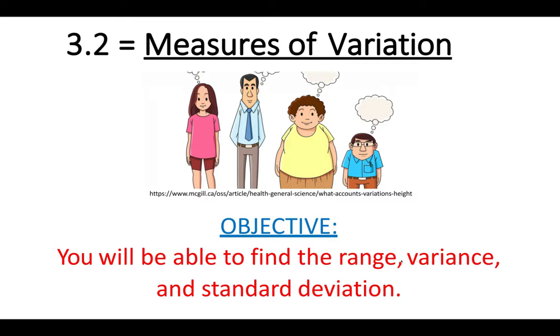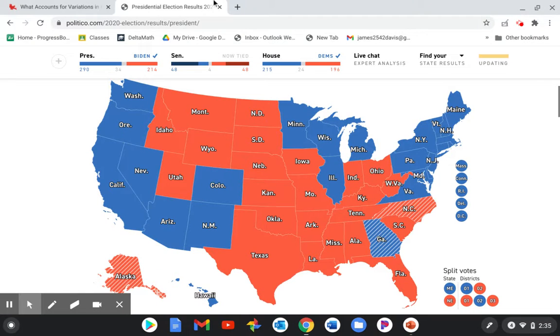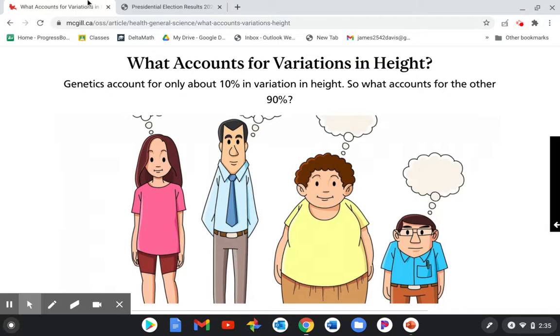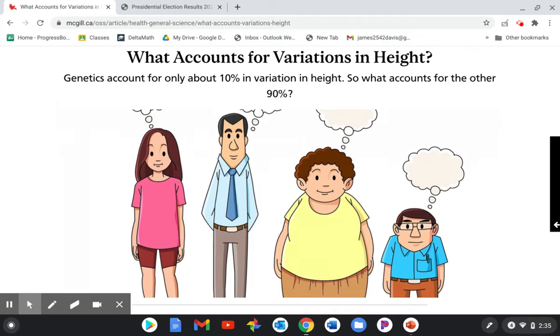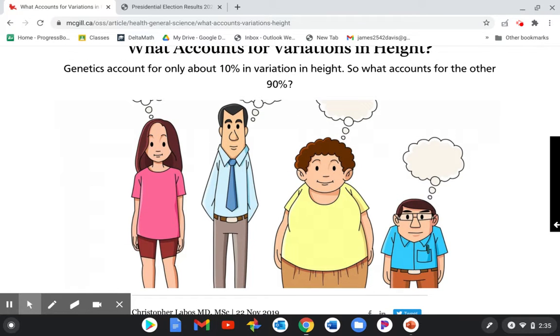So just to begin, I found this picture online and it was pretty interesting. You can see all these different body types here, right? And the article that goes along with this picture makes the claim that genetics only account for 10% of your variation in height, which I found a little bit hard to believe, but it does give some evidence for that.